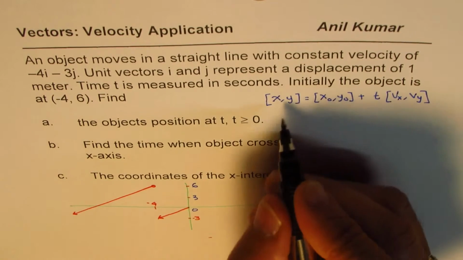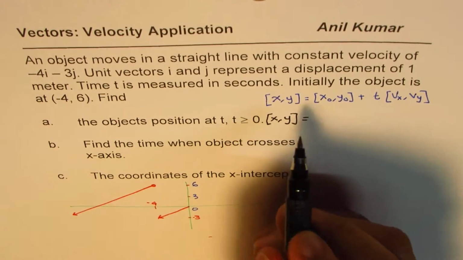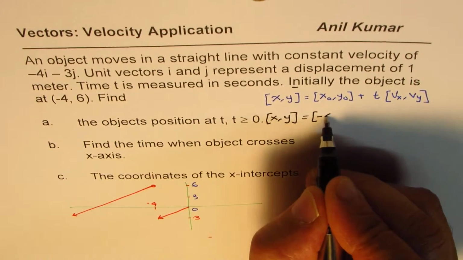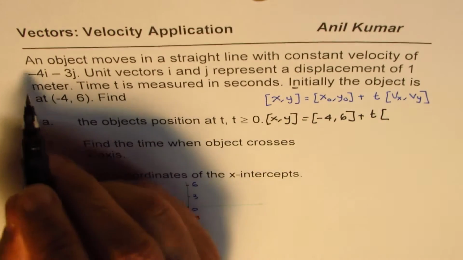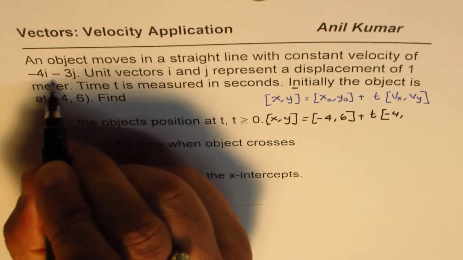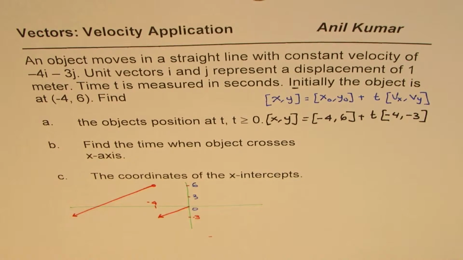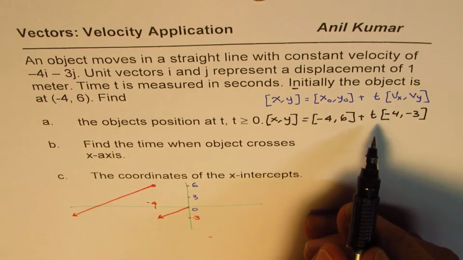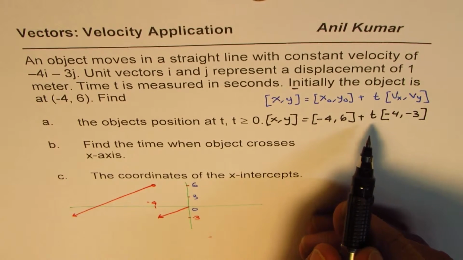So the answer is that x, y, the position vector, equals the initial point, minus 4, 6, plus time parameter t times the velocity, minus 4, minus 3. So that is the vector equation for position. The object position can be given in the form of this vector equation, where t is greater than or equal to 0. Does it make sense to you?